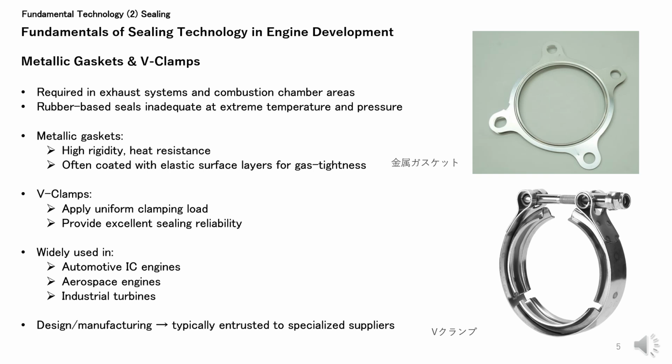V-clamps distribute uniform clamping load across the joint, delivering excellent sealing performance. These solutions are not limited to automotive internal combustion engines but are also widely applied in aerospace engines and industrial turbines, where operating environments are extremely severe. Since the development of seals used in exhaust systems is technically challenging, it is common practice to have specialized manufacturers handle the design and production.